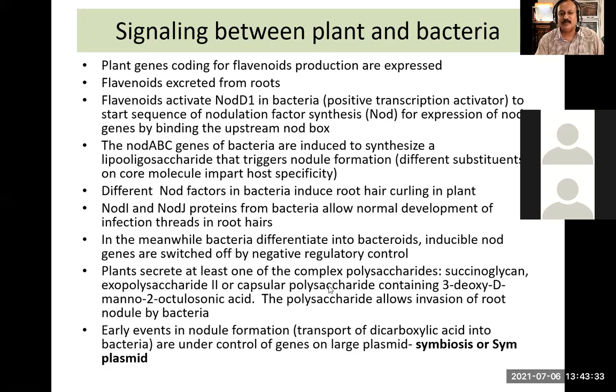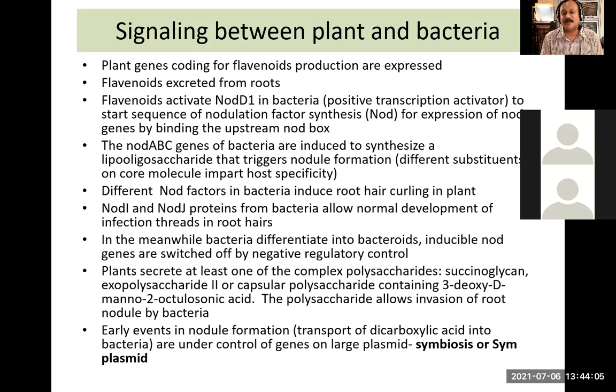So these polysaccharides then allow the invasion of the bacteria inside the root nodules, and early events in the nodule formation, that is to say the transport of dicarboxylic acid into the bacteria. Now dicarboxylic acids are required by the bacteria for their own survival. So it is like the substrate molecule, or nutrient for the bacteria. The transport of the dicarboxylic acids into the bacteria is under the control of genes.